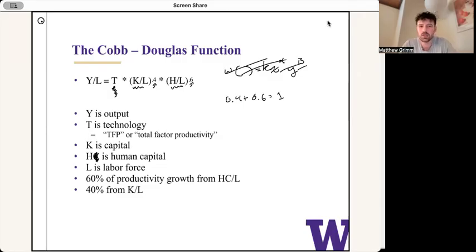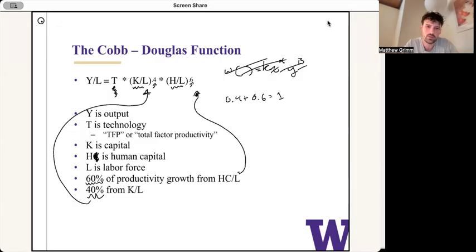Well, 60% of productivity growth comes from human capital divided by labor. This is why this has a 0.6, because we determined that if our GDP per capita grows by 1, 60% of that is due to human capital productivity growth, and then 40% is due to the capital level. Okay, so that's where the 0.4 and 0.6 come from.